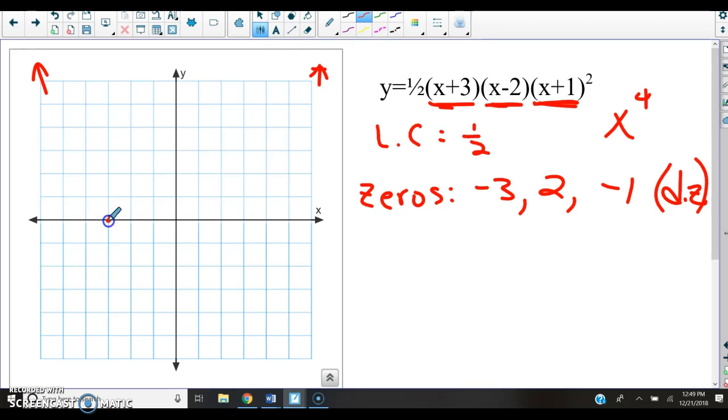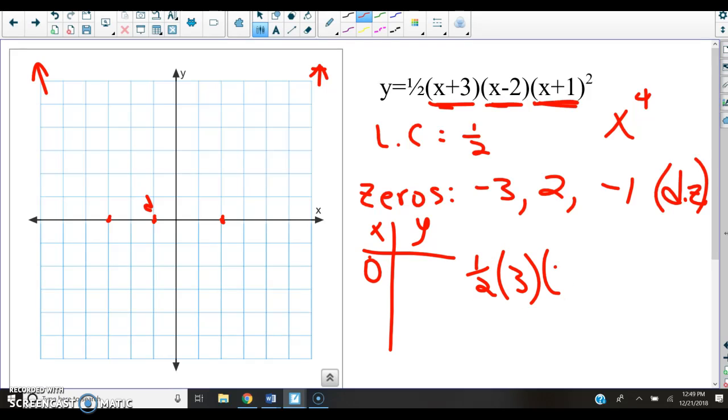So I got -3, -1 is a double, and 2. And now I'm going to put 0 in. When I put 0 in, I have 1/2 times 3 times -2 times 1 squared. Okay, I don't know about you, but I think that's -3. Do you agree? All right, so here's my -3.